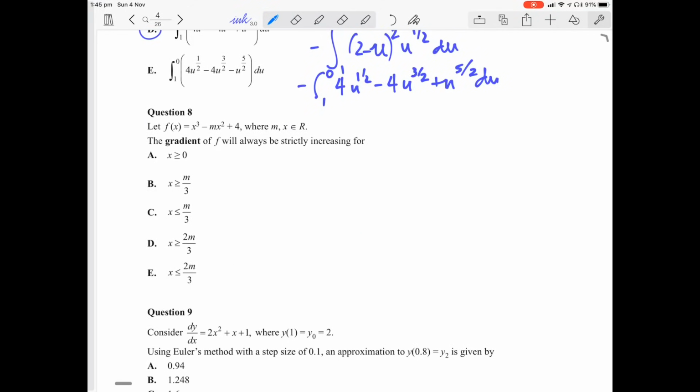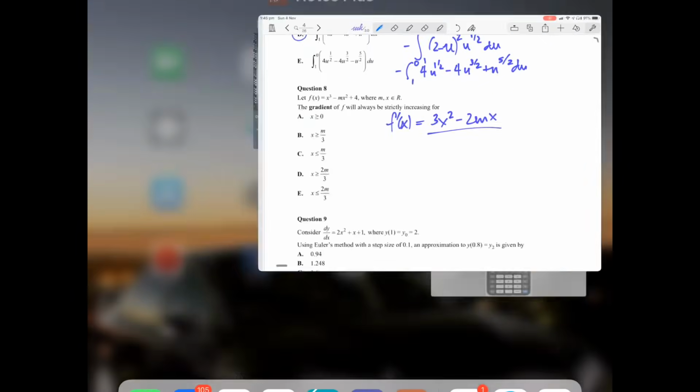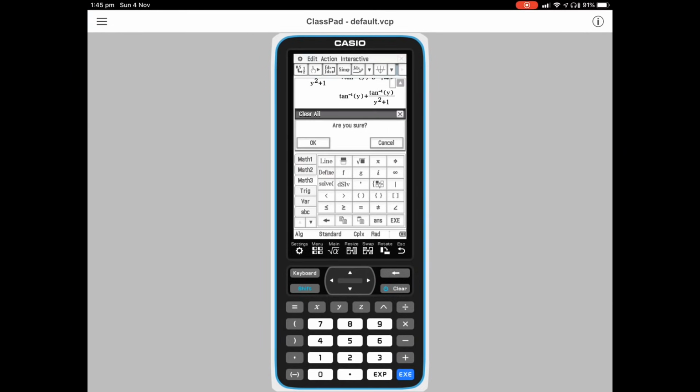Okay, the gradient of f will always be, okay, f dash x is 3x squared minus 2mx. Always be increasing, so let's have a look at, it's always got to be probably easier to do it in the CAS.